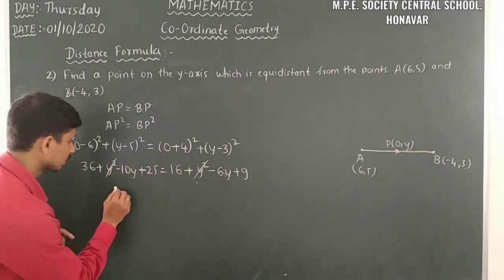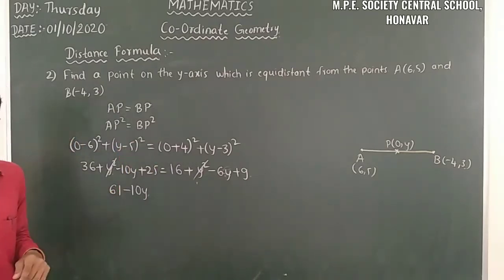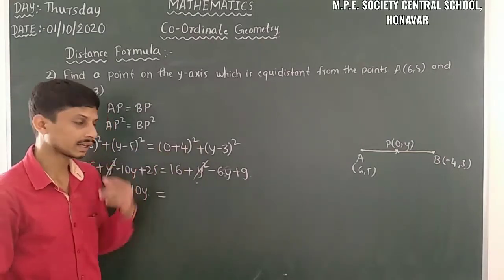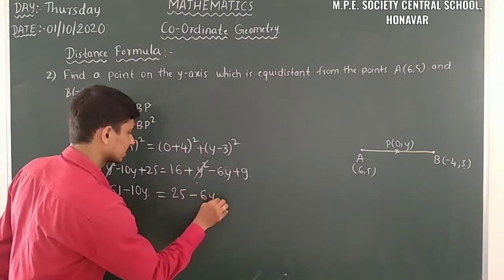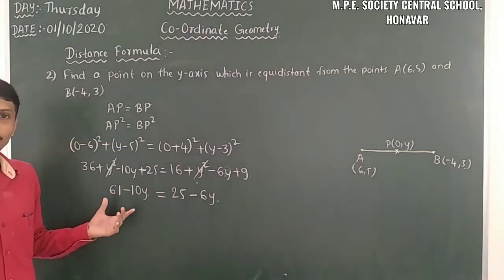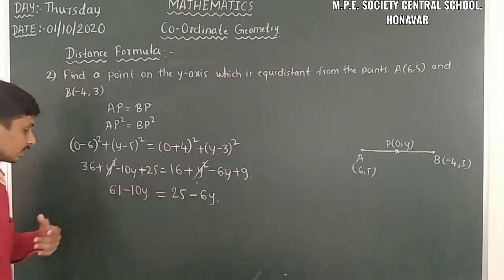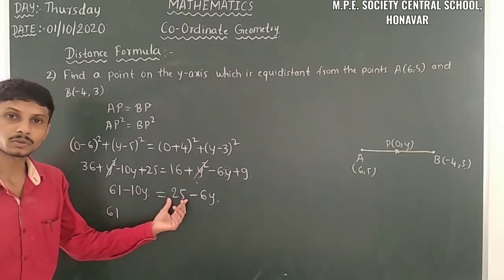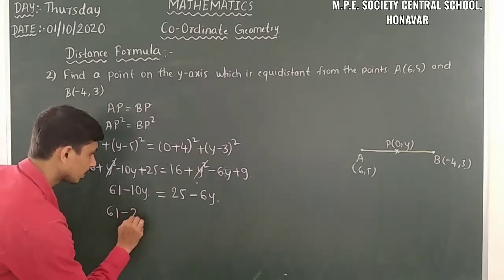That is 61 minus 10y is equal to 16 plus 9, which is 25, minus 6y. After that, we have to transpose all the things here. So that is 61, after transposing minus 25, we get 36.